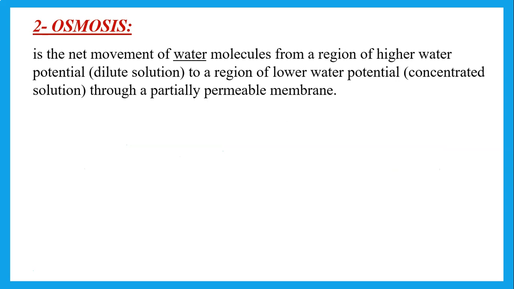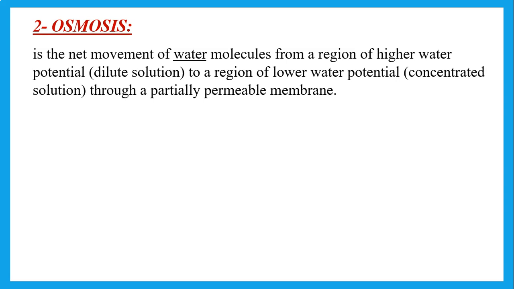Another process is called osmosis. And what is osmosis? It is the net movement of water molecules from a region of higher water potential. The words higher water potential mean where we have more water.